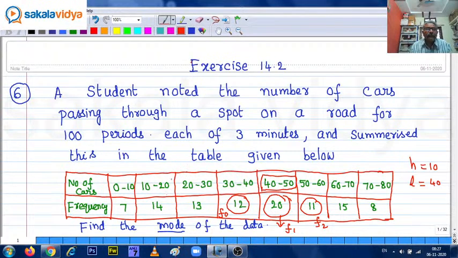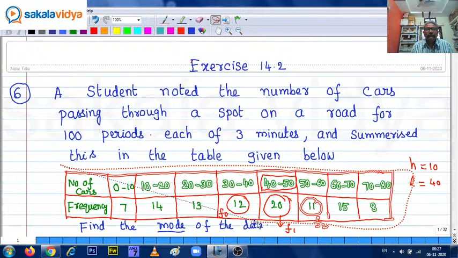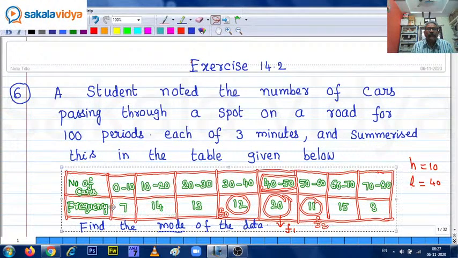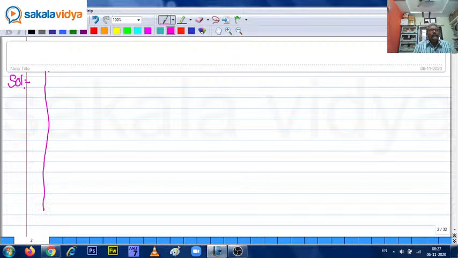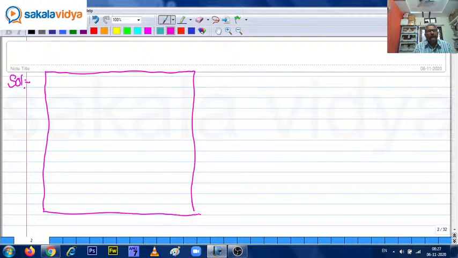Let us do it now. Solution. First let us prepare the table once again. In the table, only 2 columns are enough to find the mode.